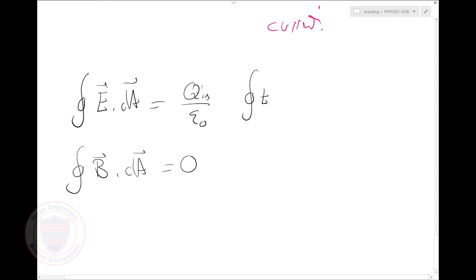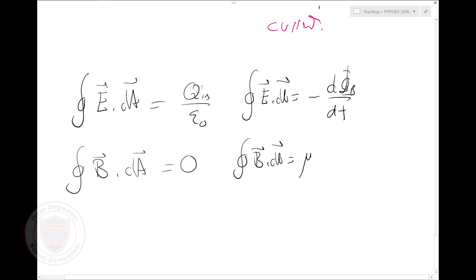Integral E dot dL is minus d phi_B/dt. Integral B dot dL is mu0 I in plus mu0 epsilon0 d phi_E/dt.